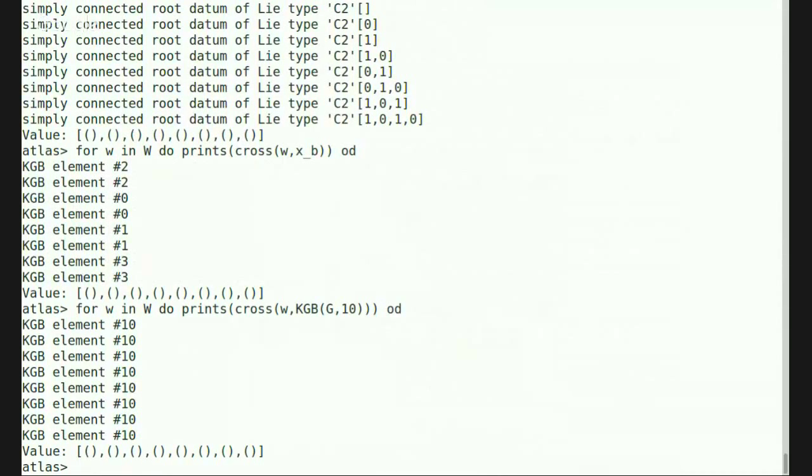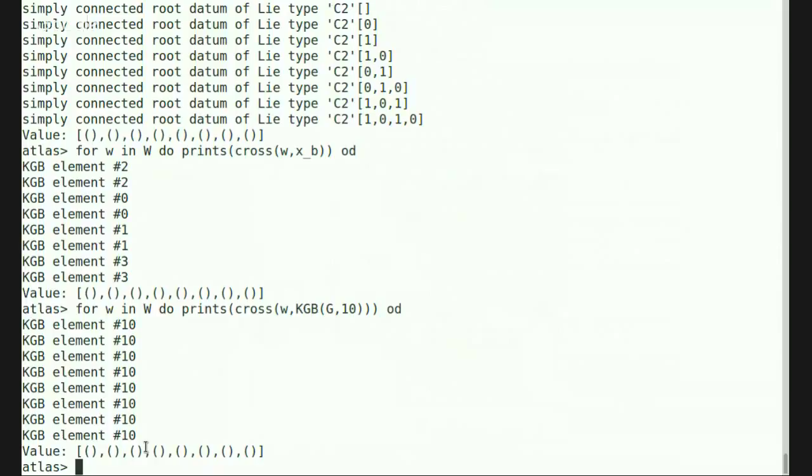That is to say, on the split Cartan, there's only one KGB element, and the stabilizer is the real Weil group, which is the entire Weil group, and so the action is trivial there. Okay, so that demonstrates the action of the Weil group on KGB.